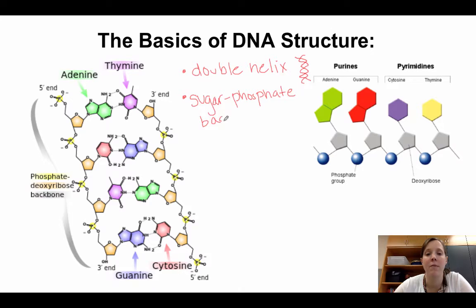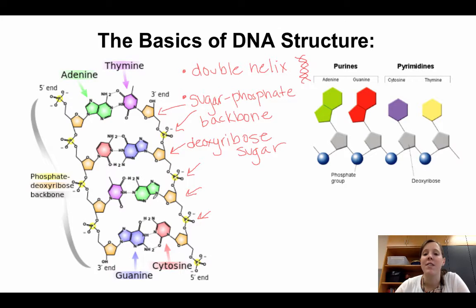And that's because it's made of two things. You guessed it, sugar and phosphate. So here are the sugars, sugar, sugar, sugar, and here are the phosphates, phosphate, phosphate, phosphate. Now the sugar is a sugar called deoxyribose. So obviously part of the name of DNA.